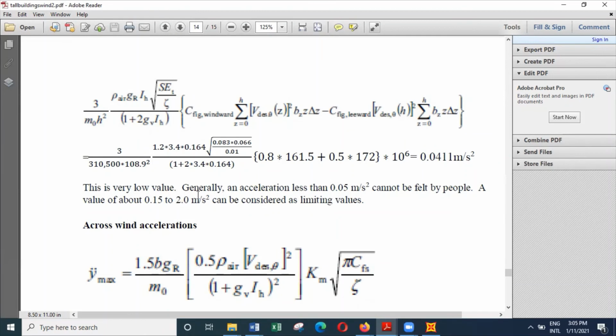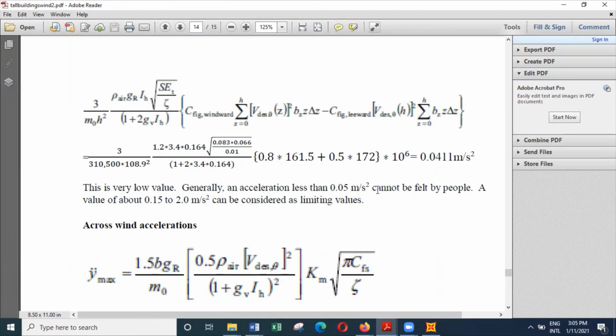I'll correct that in the note also. So here you can see the value is 0.04, but we can go up to 0.15 to 0.2 meters per second squared as limiting values.